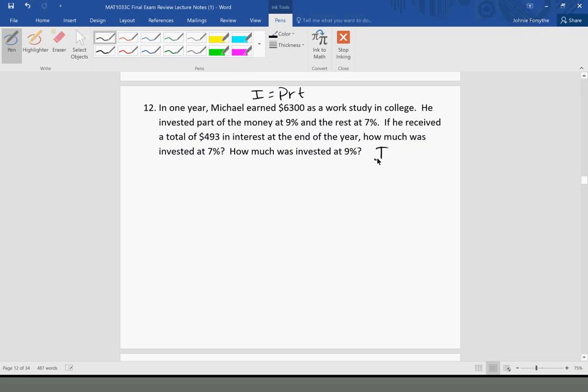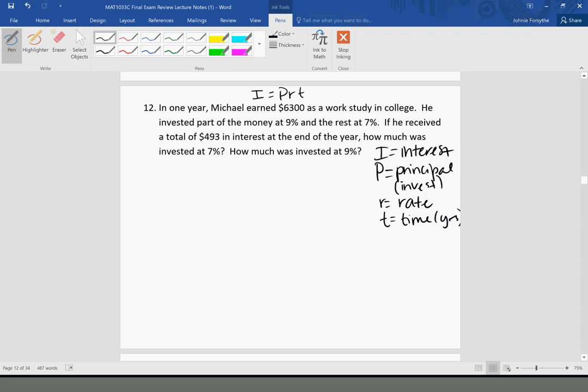So remember, I is for the interest that you earned. P is the principal, or what you invest. R is the rate. And then T is for time in years.